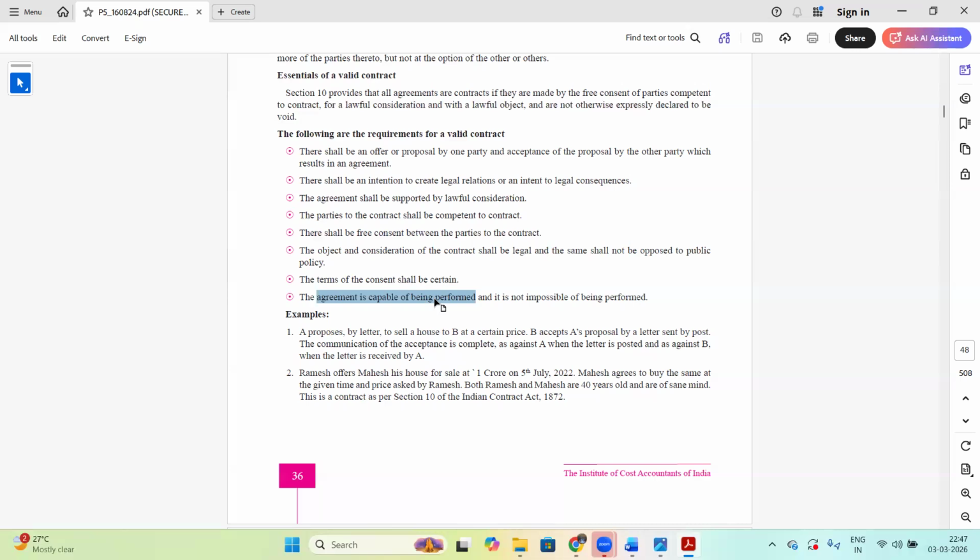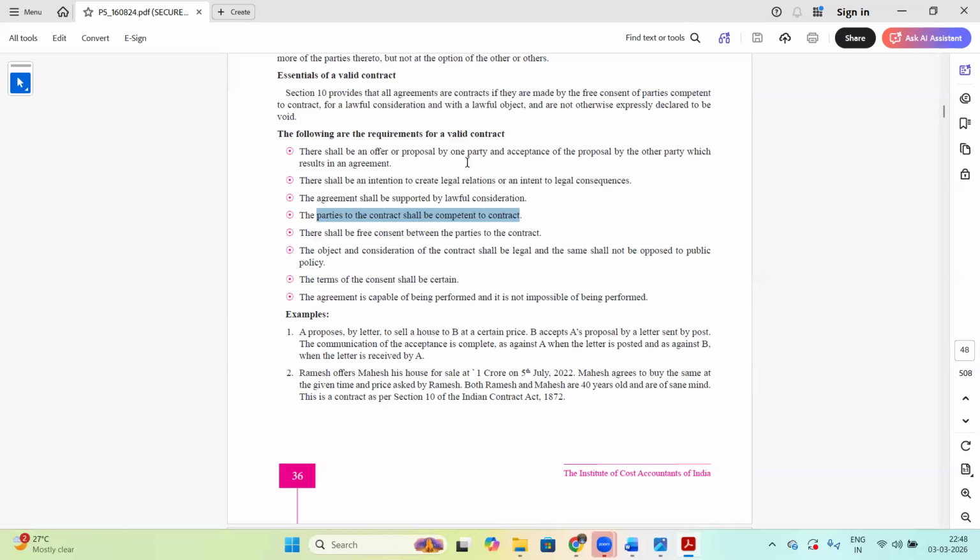For example, A, aged 20, entered into a contract with B, aged 14. Is the contract valid? Answer: not valid, because the parties to the contract shall be competent to contract. Or for example, Mr. A showed his knife and asked Mr. B to enter into a contract. Is the contract valid?